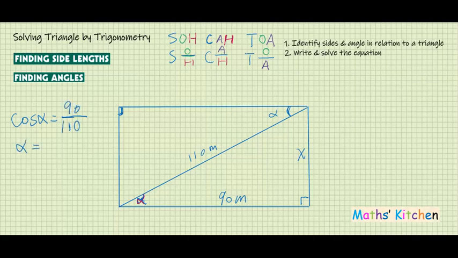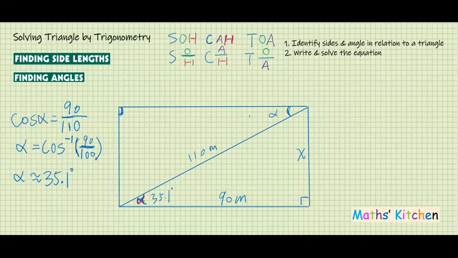I put in the calculator alpha equals cosine power minus 1 bracket 90 over 110. Use shift key cosine. You can find the answer, approximately equal to 35.1 degrees. Now, because they are alternate angles, alpha equals 35.1 degrees.